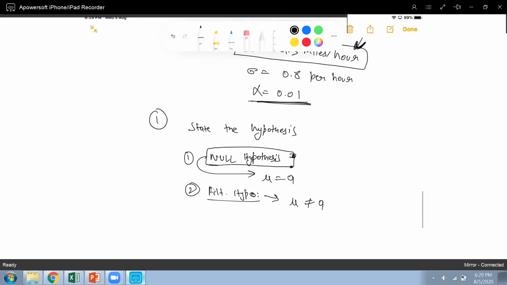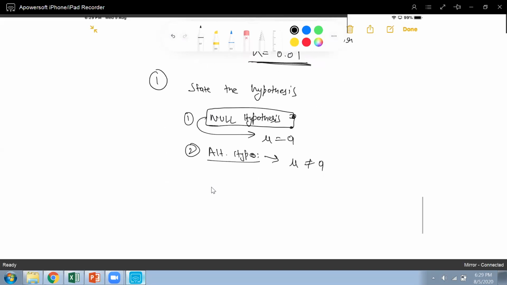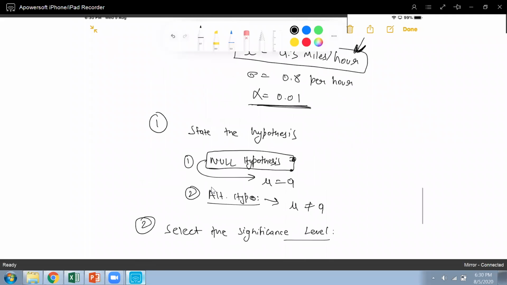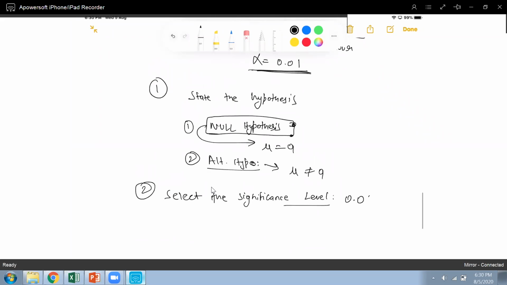So first we have defined the null hypothesis and alternate hypothesis. In the second step, I will select the significance level. The significance level is given in the question, that is 0.01.